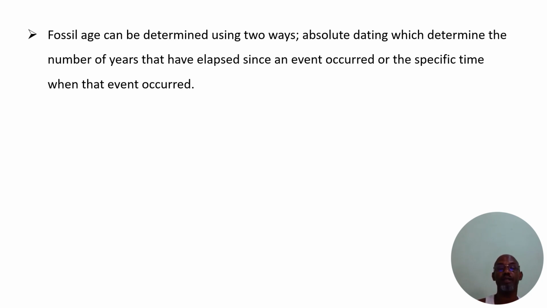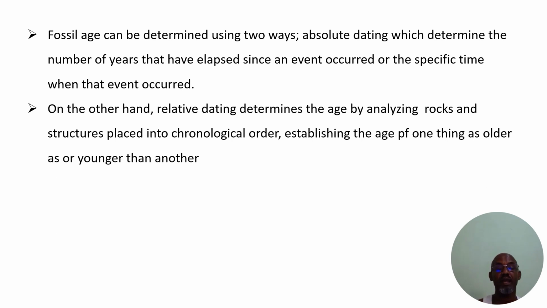Fossil age can be determined in two ways. Absolute dating determines the number of years that have elapsed since an event occurred, or the specific time when that event occurred. On the other hand, relative dating determines the age by analyzing rocks and structures placed into chronological order, establishing the age of one thing as older or younger than another.